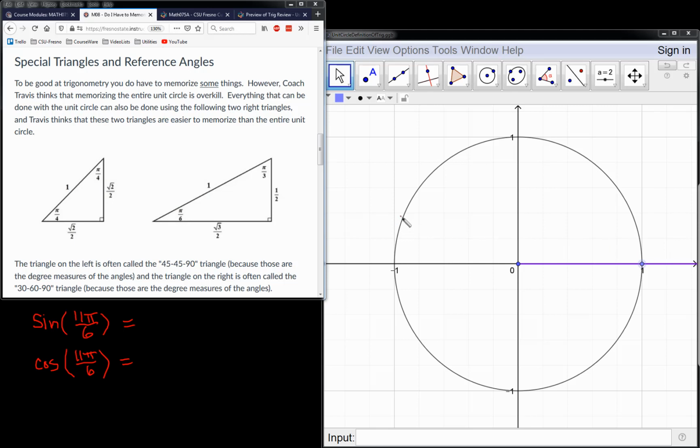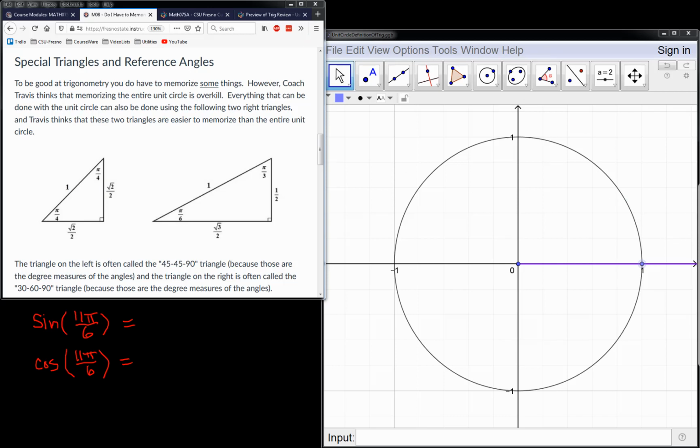What I'm saying is that everything you can do with the unit circle, you can also do with just these two triangles. So if you're able to memorize these two triangles, then anything that someone who memorized the entire unit circle can do, you can do. And there's a lot less to memorize, and you're less likely to memorize things wrong. So I just think this is a better way.